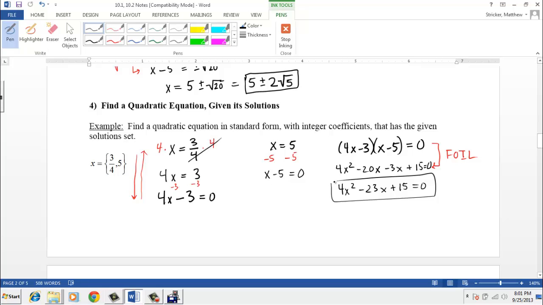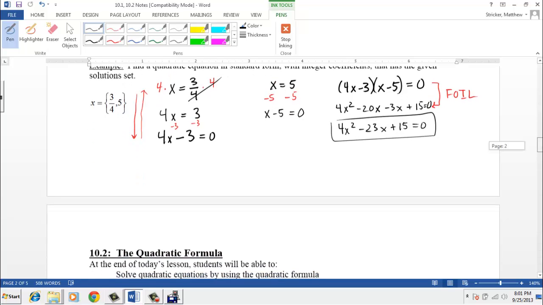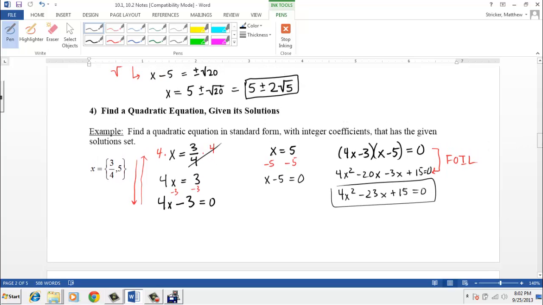That's our answer. So there's our quadratic equation that has solutions 3/4 and 5. And that does it for section 10.1. You should now be able to do the first 3 problems on your self-check. We talked about what you're going to need for that. So thank you.